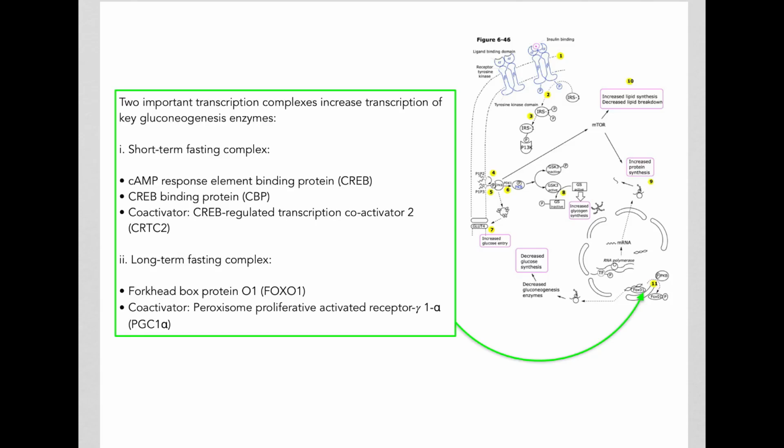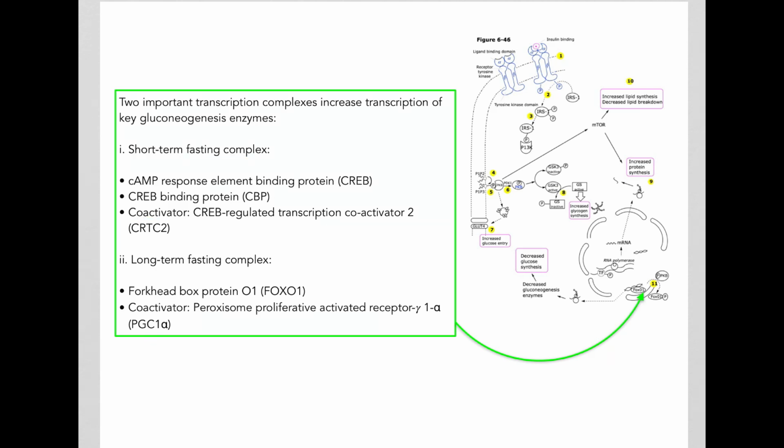One of these complexes is a short-term fasting complex, and this involves the protein CREB, which is cAMP response element binding protein. It also involves the CREB binding protein, or CBP, as well as a co-activator required for this transcription, the CREB-regulated transcription co-activator 2, or CRTC2.